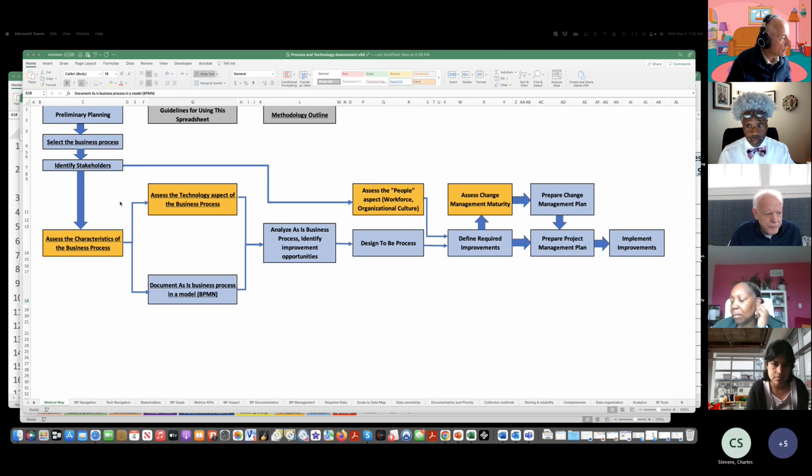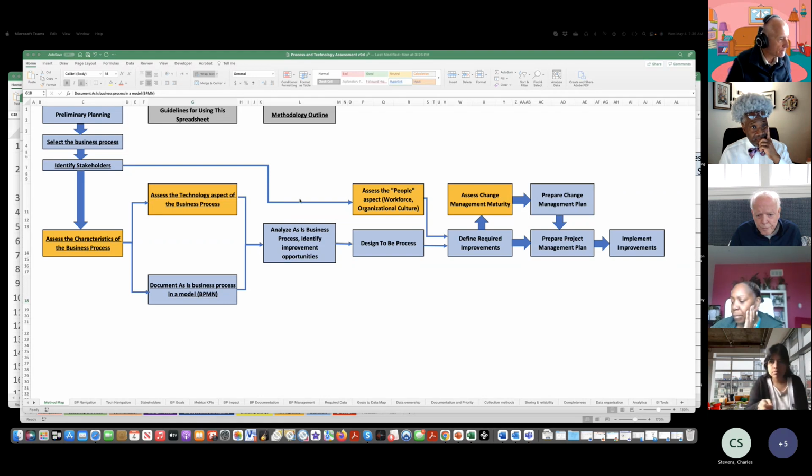And then we have from that other project that I mentioned, WRF 5039, these two things: assessing the characteristics of the business process and the technology aspect. This really helps us understand how big this process is, how complicated, how many people are involved, and what kind of data we are collecting.